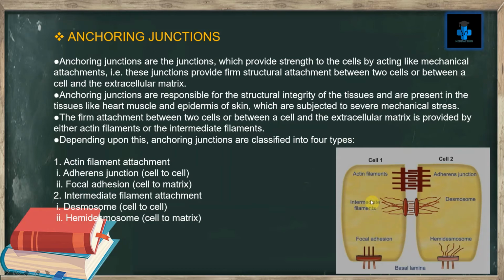It is subdivided into adherence junction, which is from cell to cell, and also focal adhesion, which is from cell to matrix. Next type is intermediate filament attachment. This is again subdivided into desmosome, which is cell-to-cell connection, and hemidesmosome, which is the connection between cell and matrix.